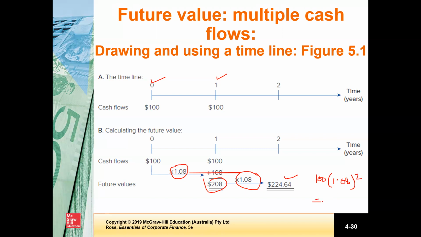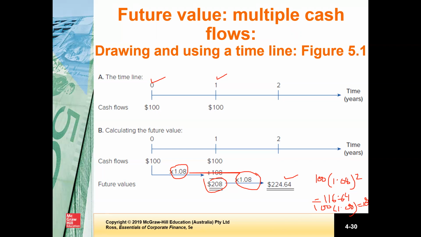Okay, so it would be 116.64, and second 100, it remains in the account for 1 year. So it's 1.08, so it would be 108, right? And if you sum them up, you will get the same future value.